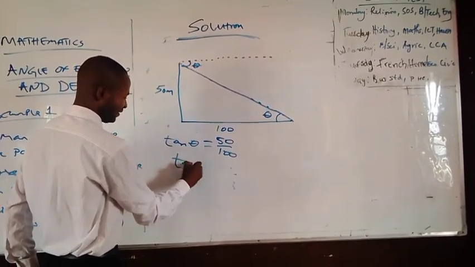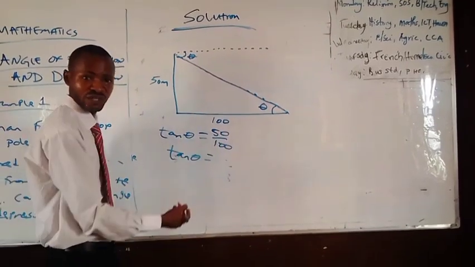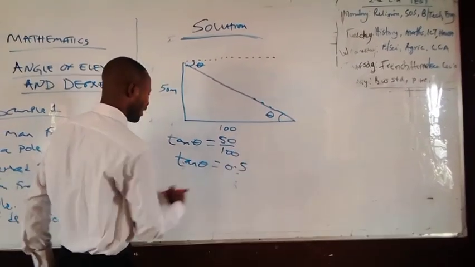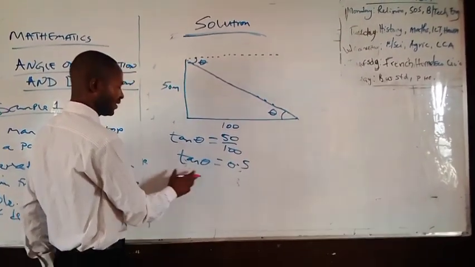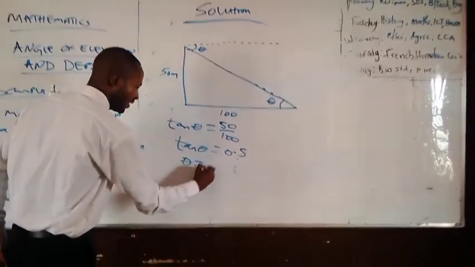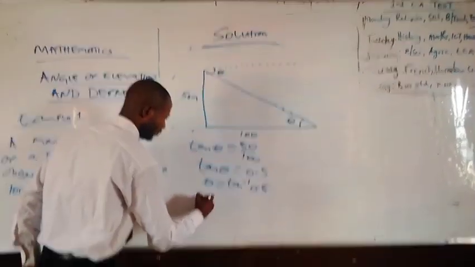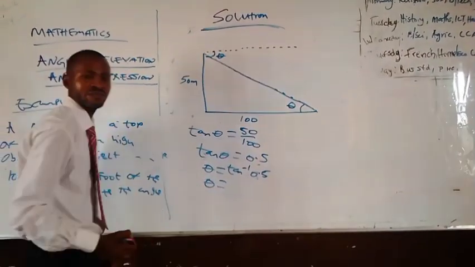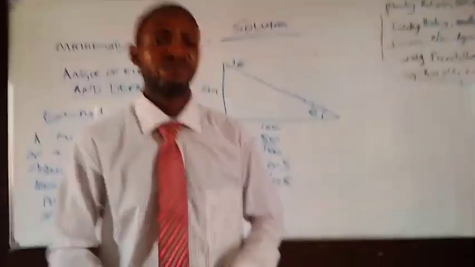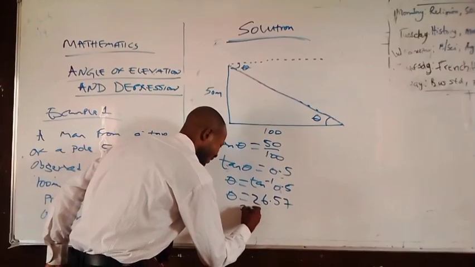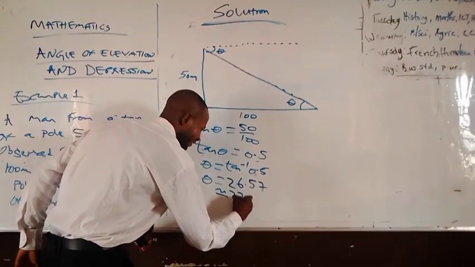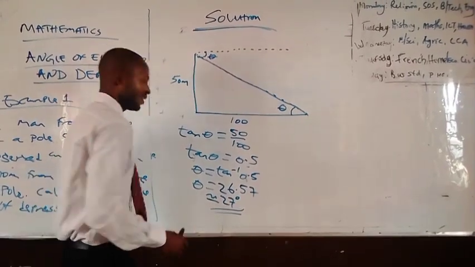So tan theta is 50 over 100, which is 0.5. To get theta, we take the tan to the other side to become tan inverse of 0.5. So we take the tan inverse of 0.5, which is approximately 27 degrees. That is the angle of depression.